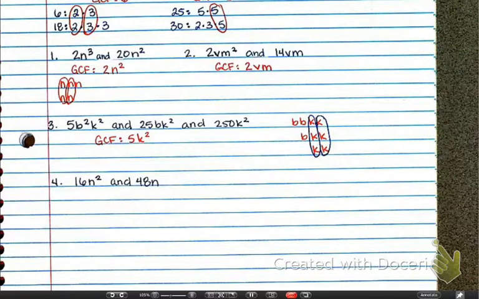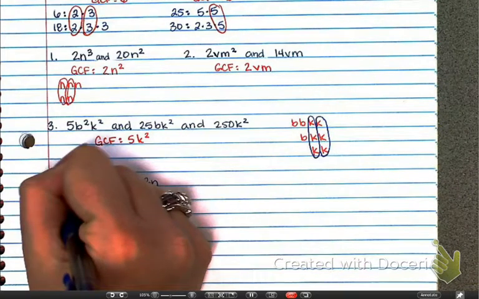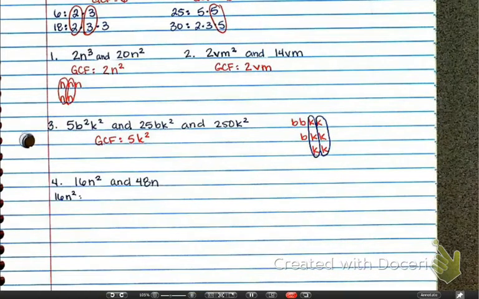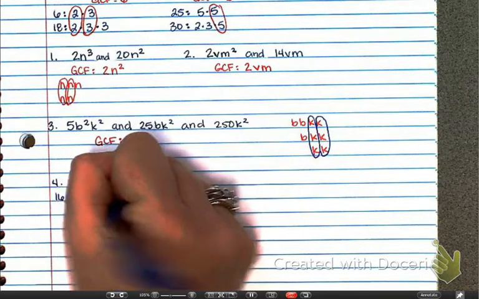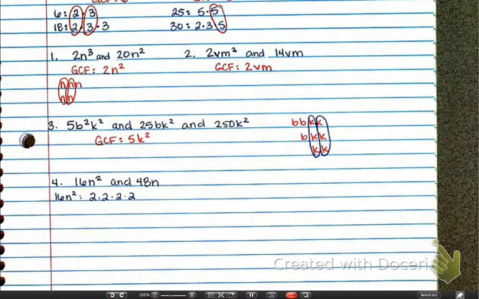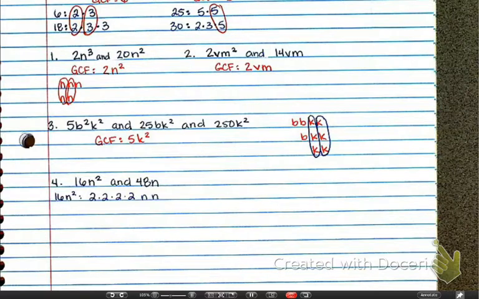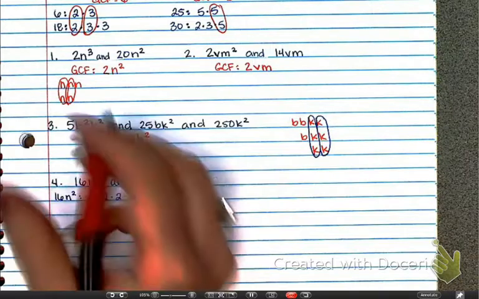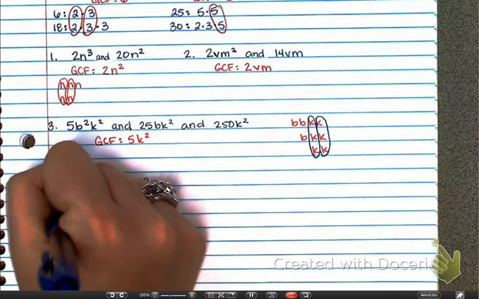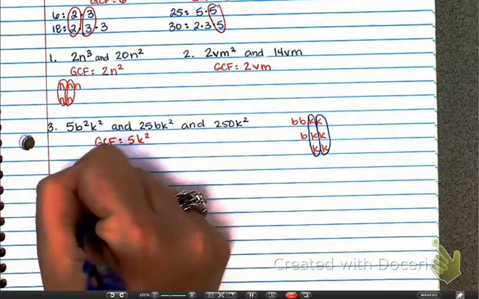Okay. So I'm going to break apart 16 n squared. So 16 is 4 times 4, and 4 times 4 breaks to 2 and 2, right? So 2 times 2 times 2 times 2 gives me 16. And I have 2 n's. Everyone agree with that? Yeah. Okay. 48, 6 and 8. So 48 n breaks down to 6 and 8.